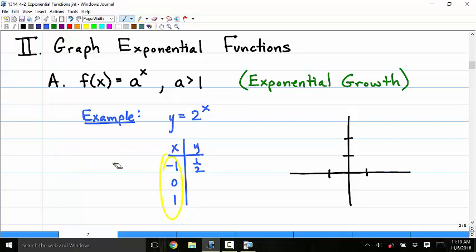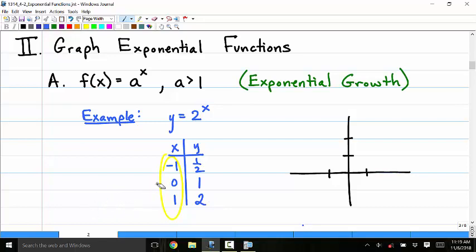If you plug in 0 for x, what is y equal to? 2 to the 0. Anything to the 0 power is 1, except 0, and 0 to the 0 is undefined. Okay, for the third point, y equals 2 to the 1. The y value is 2.